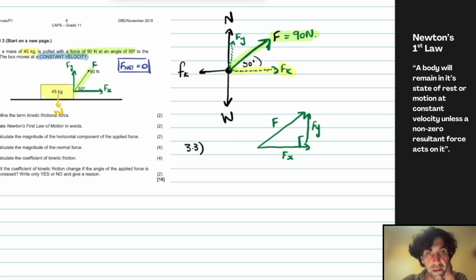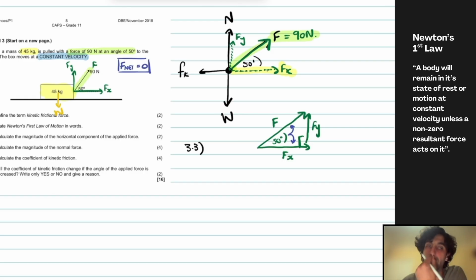This is a 90-degree angle over here now, and again, this is our 50 degrees over here. So we want to figure out what Fx is. From that 50 degrees, this is going to be our adjacent side.